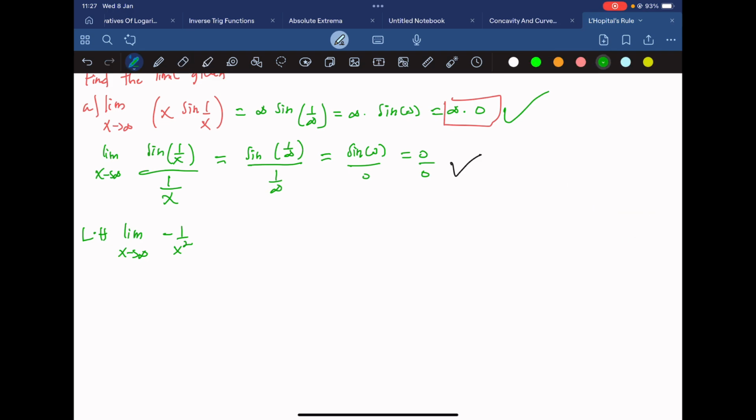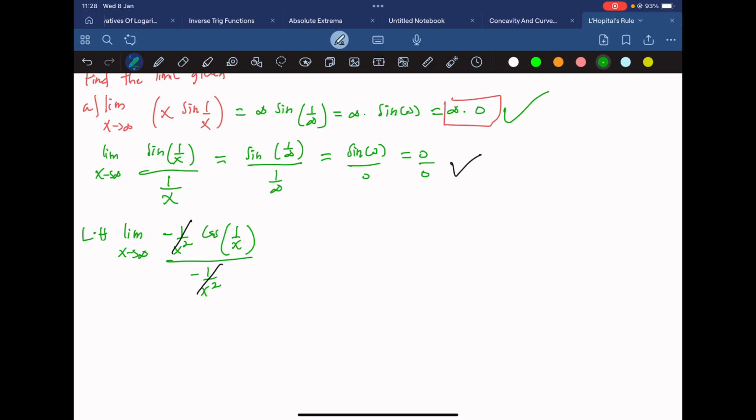And then if you differentiate sine over here, you get cosine, so you have cosine of 1 over x, divided by, if you differentiate the denominator 1 over x, you get the same thing, negative 1 over x squared. So clearly you can see that these two terms cancel each other out.